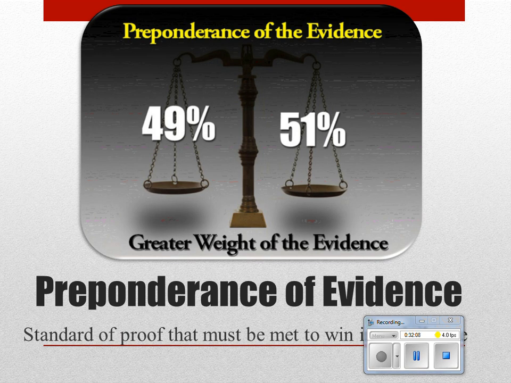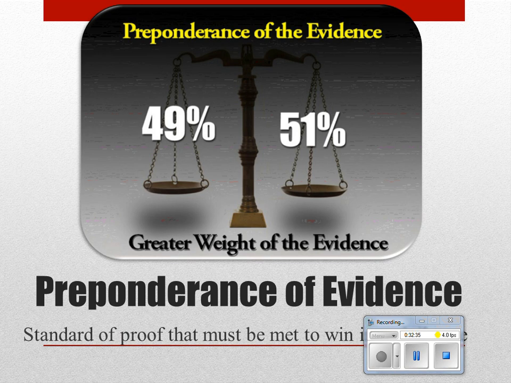You had to be almost 100% sure that this was the only way this could have happened, right? Okay, we don't have that here. You just have to be a little more sure, by a preponderance of the evidence. So we just have to have one side be a little bit more sure than the other side, and therefore we have a preponderance of the evidence.